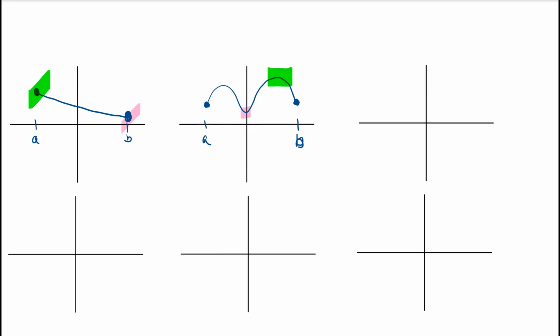So maybe the max was some C value, and the min was some D value. So we're just saying maxes and mins. If you have a closed interval and it is continuous, there will always be a max and a min within that closed interval.